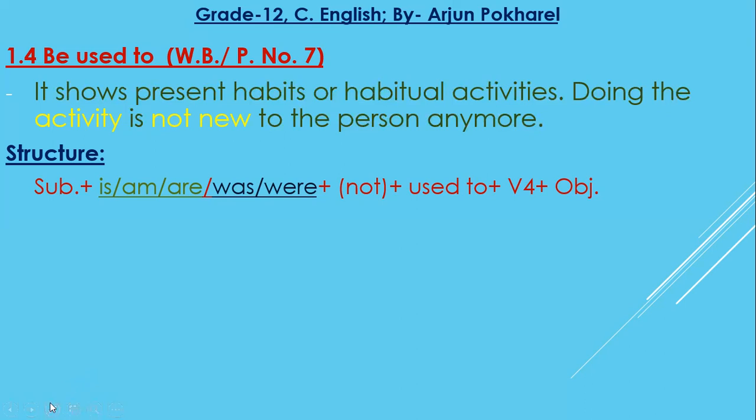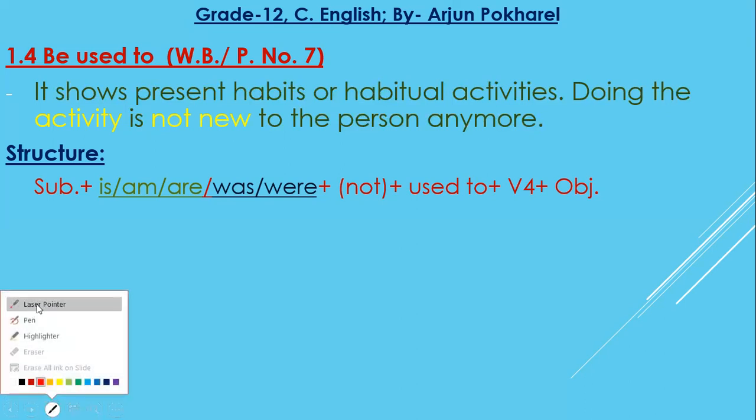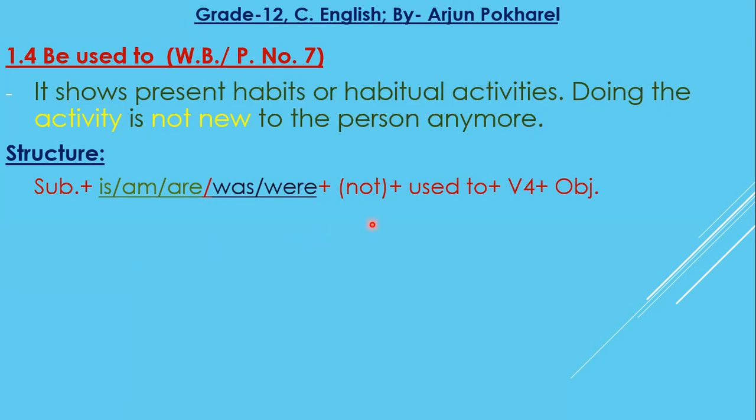The main thing that you need to remember here is that most of the time we use V1 after "to": to plus V1. But here, if there's a be and be used to, be refers to is, am, are, or was, were.